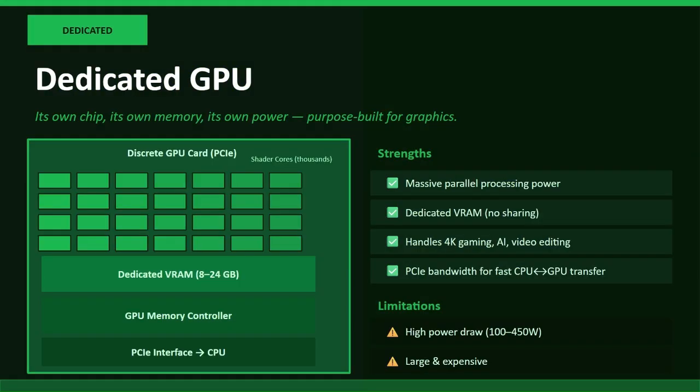The dedicated GPU is a whole unit of chips, usually on its own card, and it plugs into the motherboard. It has its own memory called VRAM, its own power supply, and thousands more cores compared to the integrated GPU.